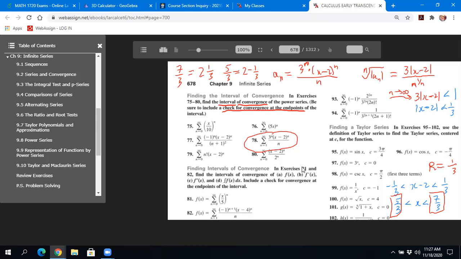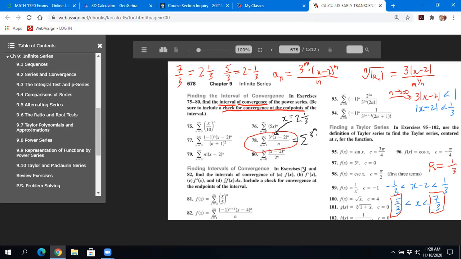Like if I plug in for x, if I plug in 2 1/3, what is the series? So if I plug in x equal to 2 1/3, what is the series that I end up getting? It's going to be the sum of 3 to the n times, think about it, 2 1/3 minus 2, which is just 1/3 to the n, right?